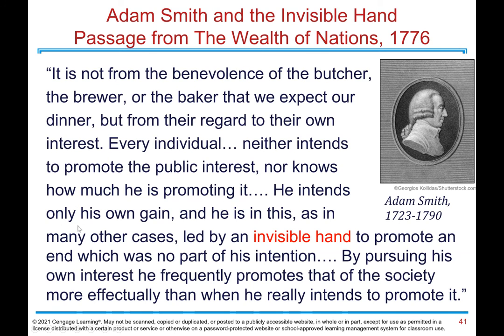He intends only his own gain, and he is in this, as in many other cases, led by an invisible hand to promote an end which was not part of his intention. By pursuing his own interest, he frequently promotes that of the society more effectively than when he really intends to promote it.